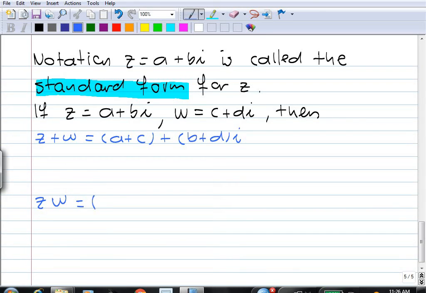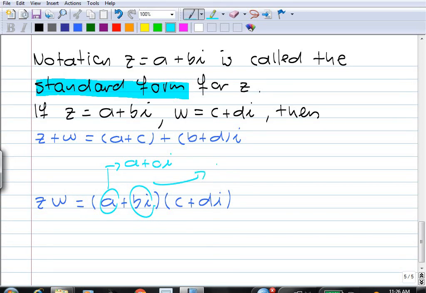Because remember, if we write it like that, each of the terms here is a complex number in its own right. So the a there is a plus 0i, and the b there is 0 plus bi.